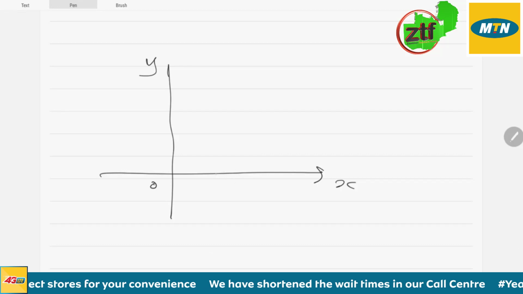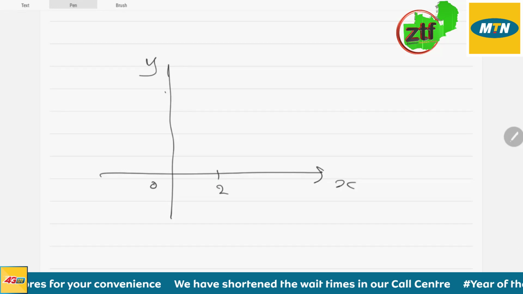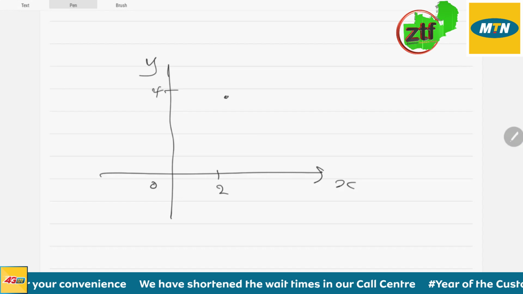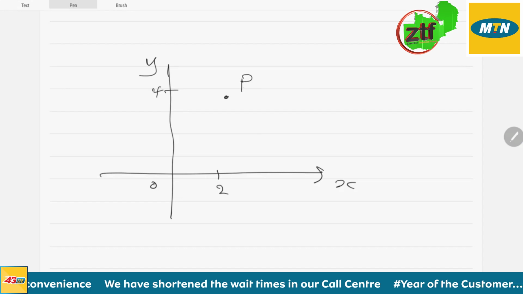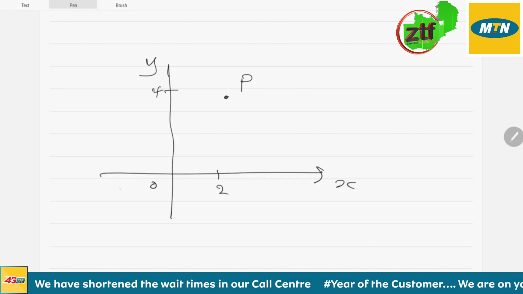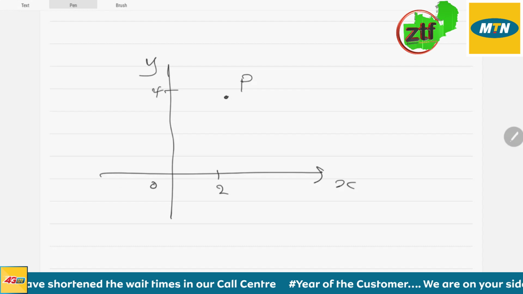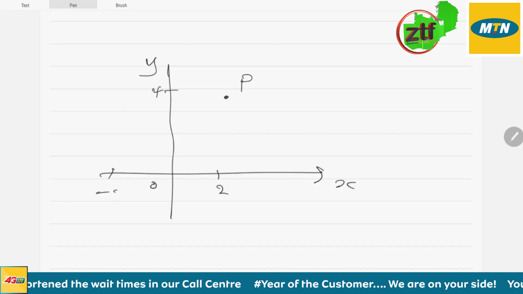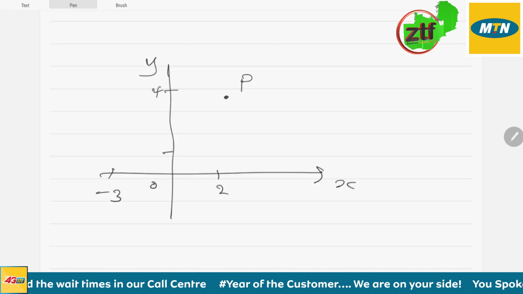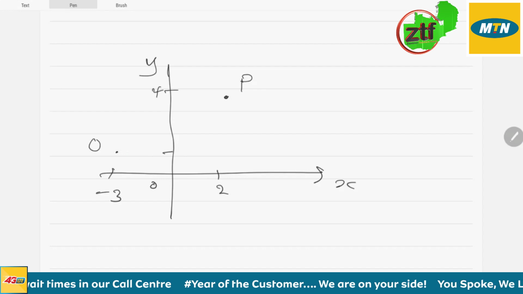So assume that we have 2 there, then we have 4. So the point P is somewhere here. Then we have -3, 1 as point Q, which is somewhere there.